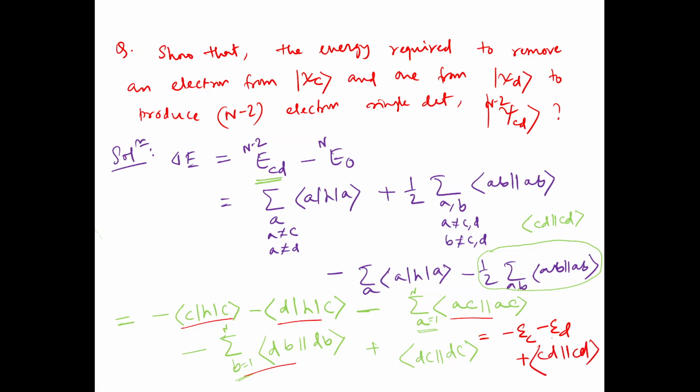If you look at Szabo and Ostlund, this is the term that is given. So to eject two electrons from the C and D orbitals, it's not just the sum of the two orbital energies, epsilon C and epsilon D. There is an additional CD term there. So we have proved this one.